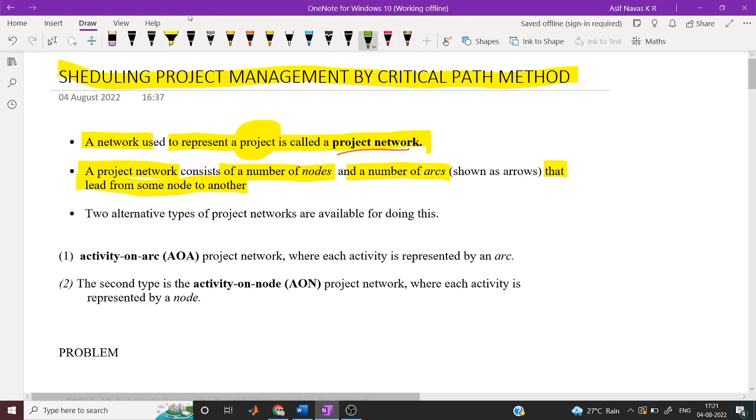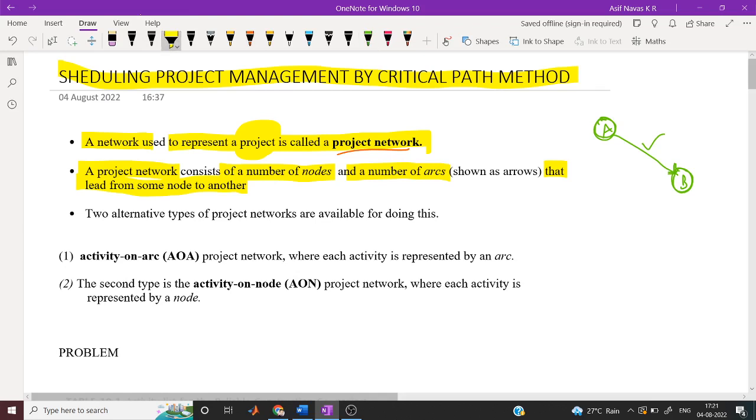For example, if we have nodes A and B, then the connecting edge is called an arc. So A and B are nodes, and this is an arc.